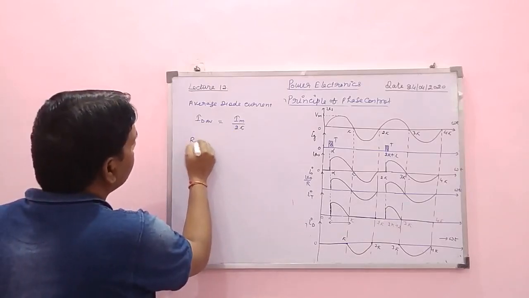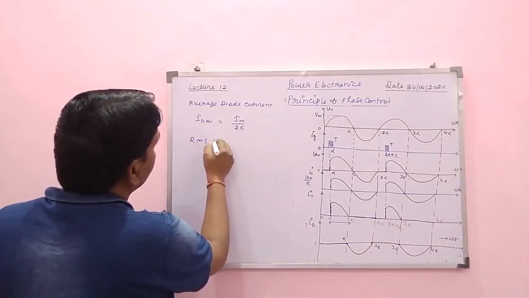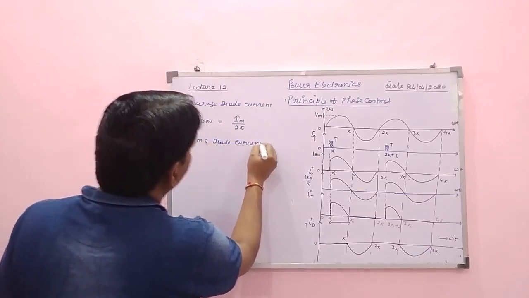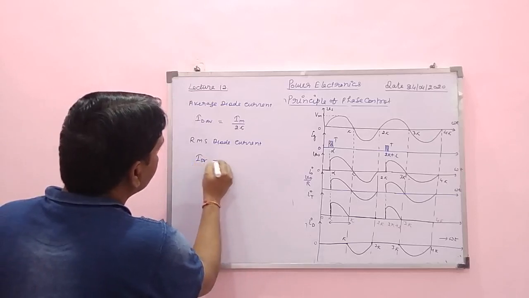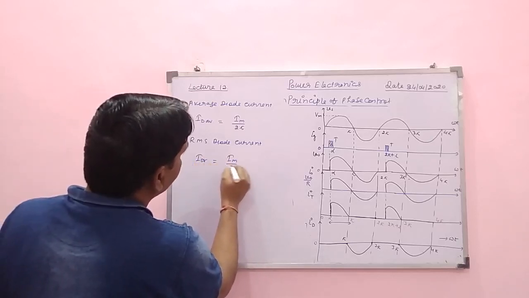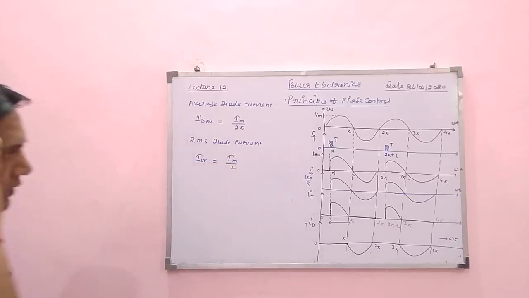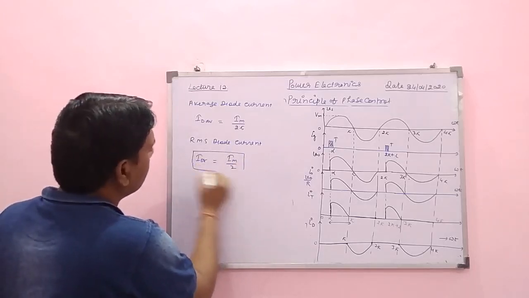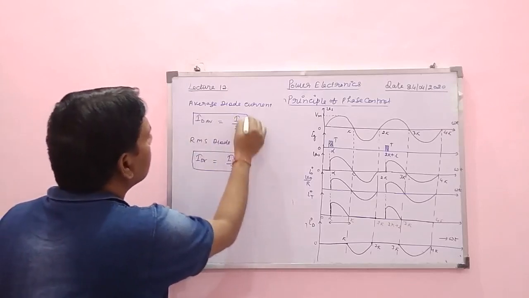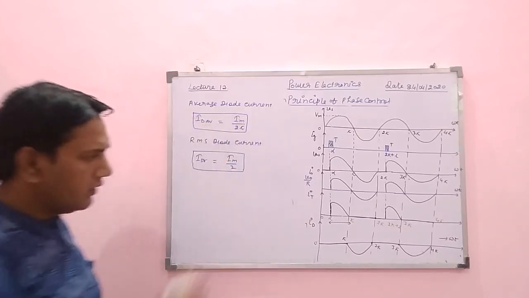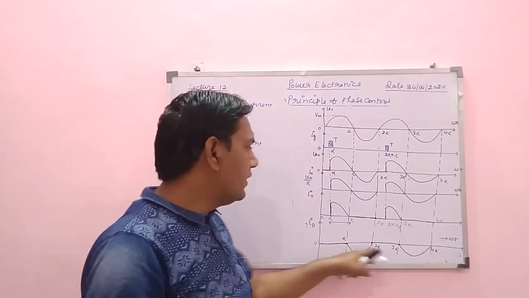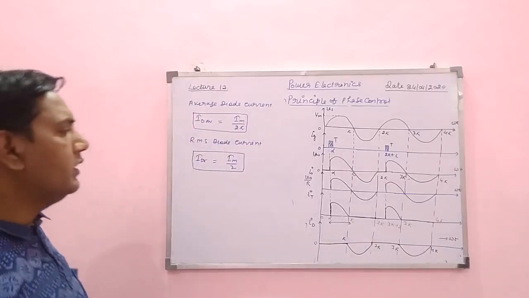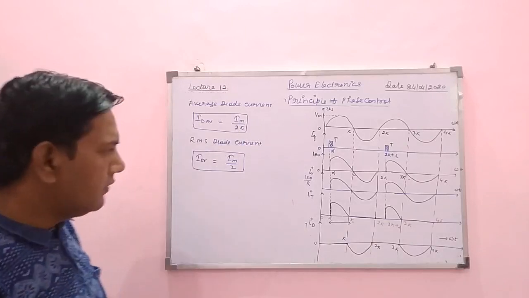And the RMS diode current, IDR, is simply Im upon 2. This is the case of the half rectified wave. This is the diode current. You can just integrate from pi to 2 pi, and you will get the same result.